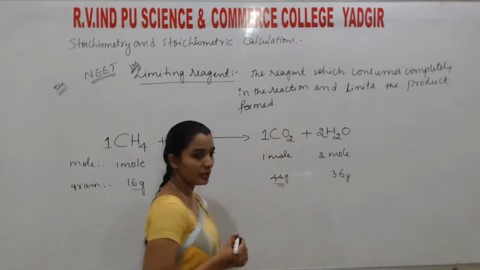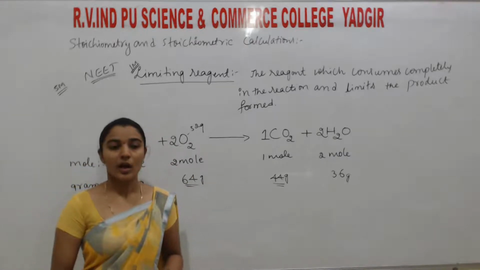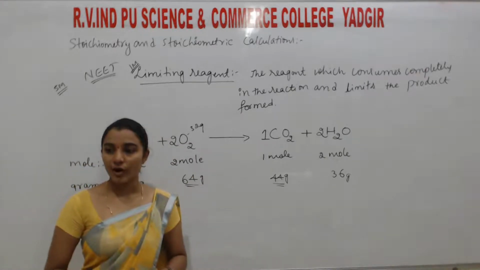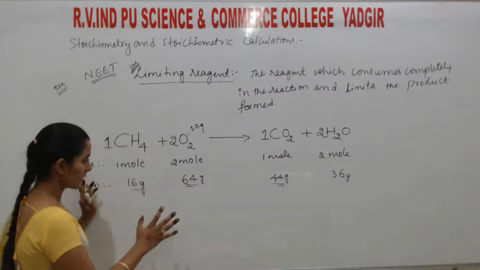The reagent which is completely consumed in the reaction and it limits the product formed is called the limiting reagent. And take this example, listen.